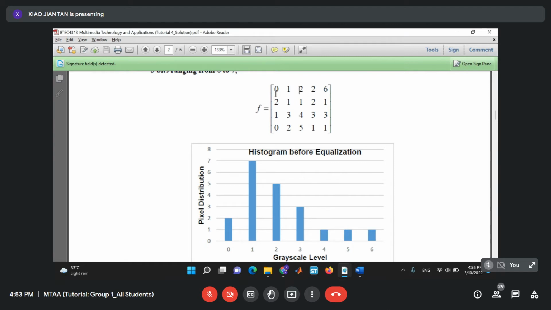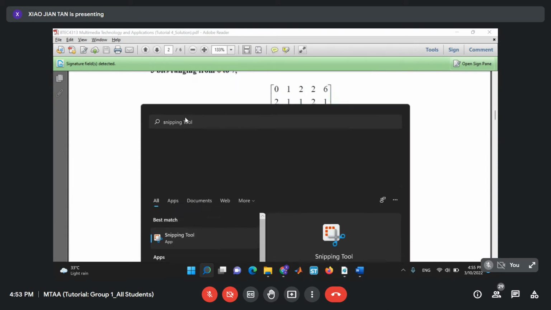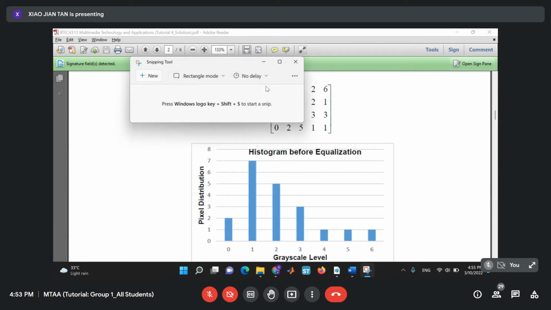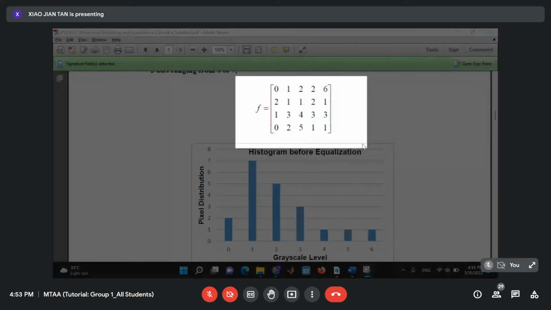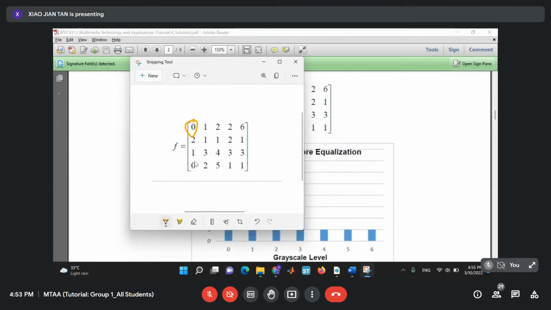Calculate the frequency, or amplitude, which means the number of occurrences. For 0 you only have 2.